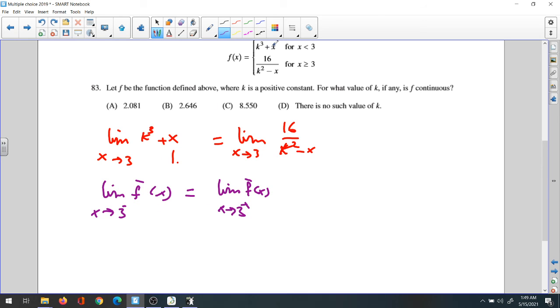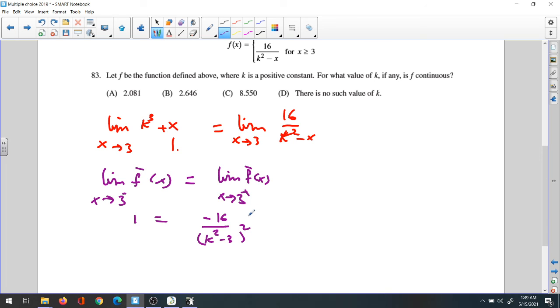The derivative here is 1, and the derivative here, you apply the quotient rule, will be negative 16 over k squared minus 3 squared. Now it's easy, as you see.